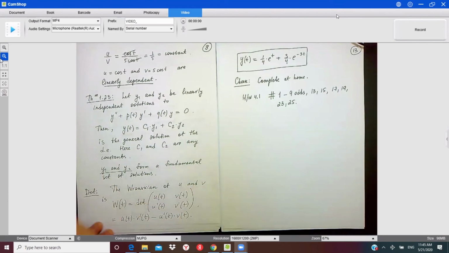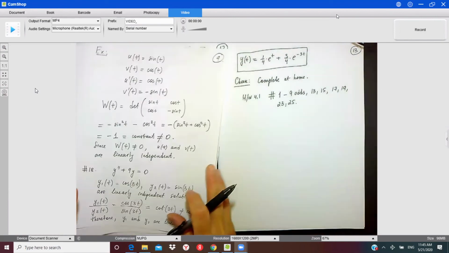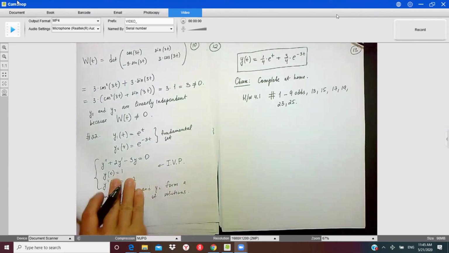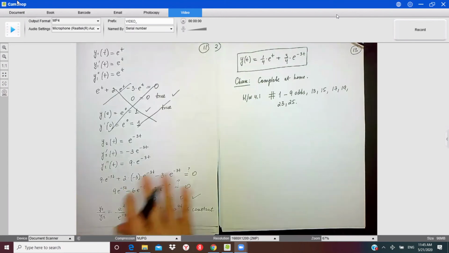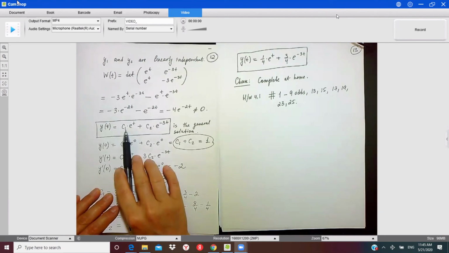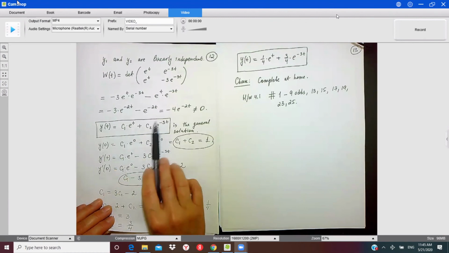So this is why in the problem that we just completed, I combined, this is linear combination of our fundamental solutions. Do you agree?